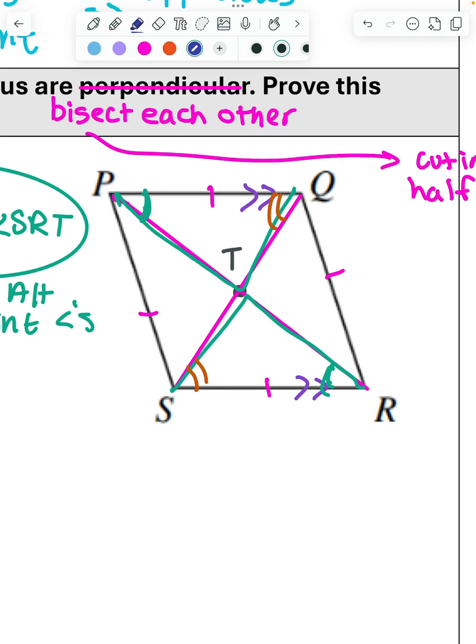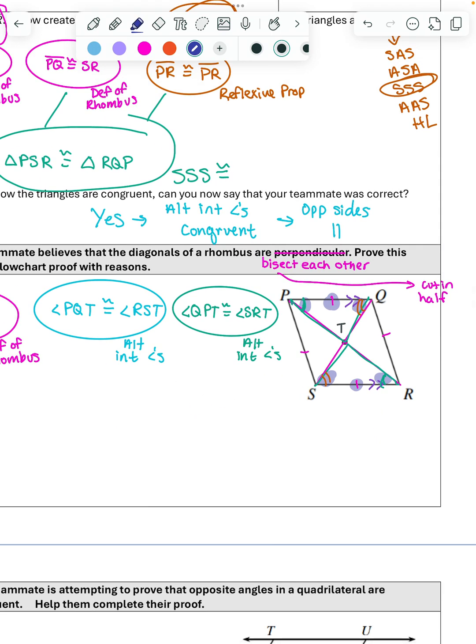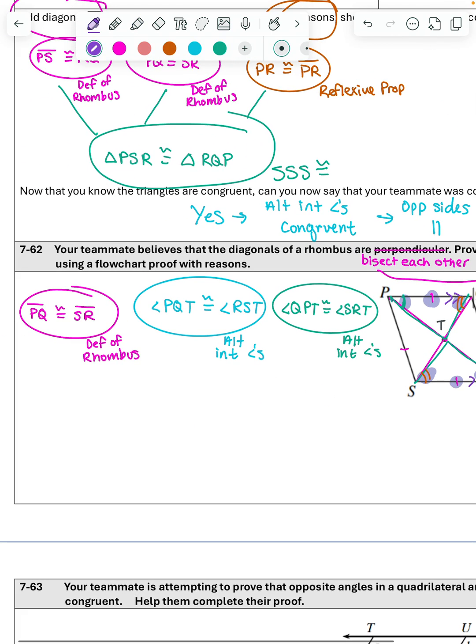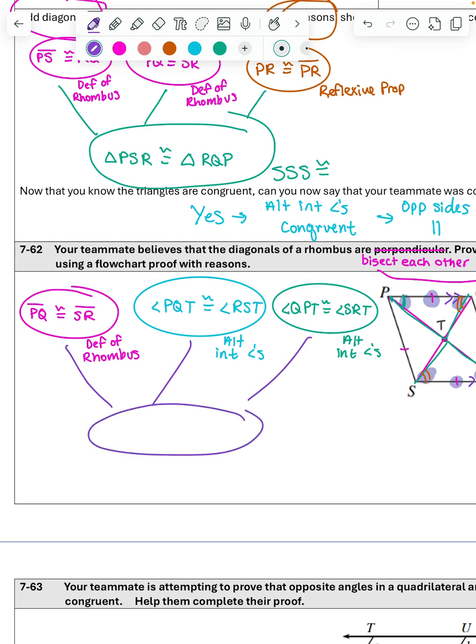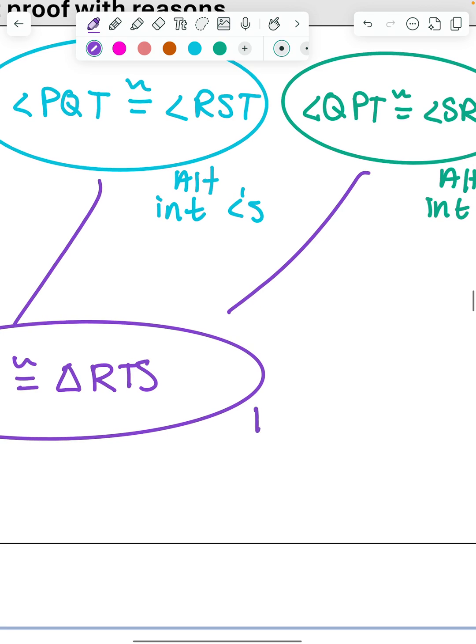Those two triangles that were highlighted in blue, I just want to highlight the fact that we have, oh, I'm so sorry, this is not SAS, this is ASA. We've got angle, side, angle, congruency. So I can say, because of these things, triangle PTQ is congruent to triangle RTS, and that is due to angle side angle congruency.